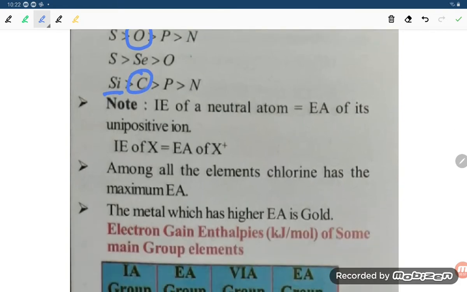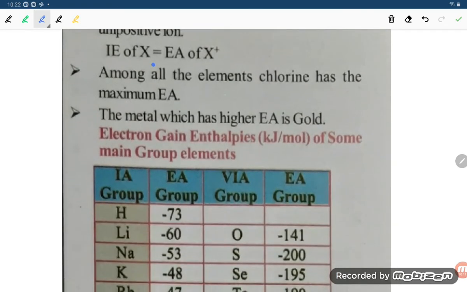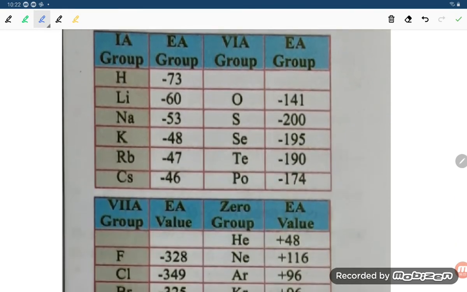Note, the ionization enthalpy of a neutral atom X is equal to the electron affinity of its unipositive ion, X plus. Among all the elements, chlorine has the maximum electron affinity. The metal which has the highest electron affinity is gold.